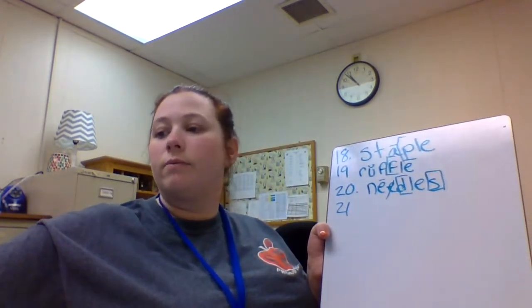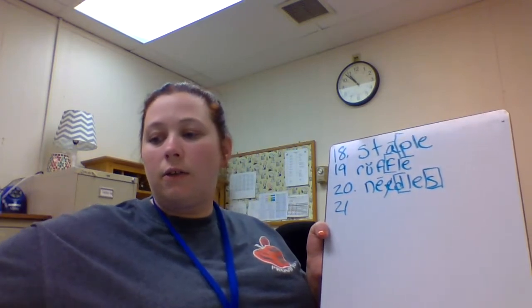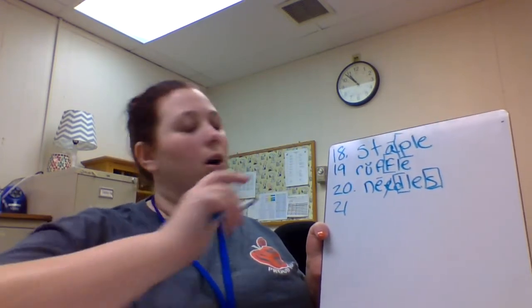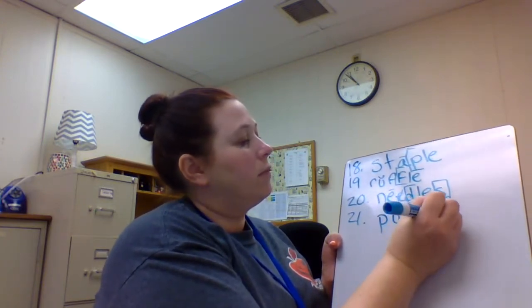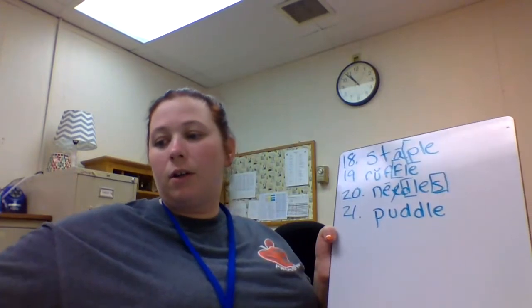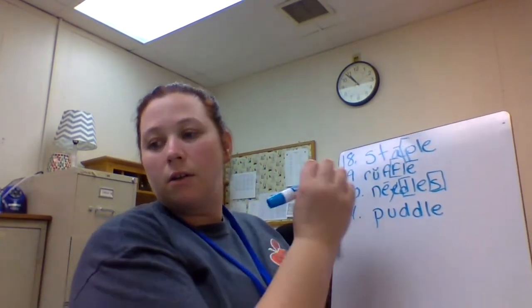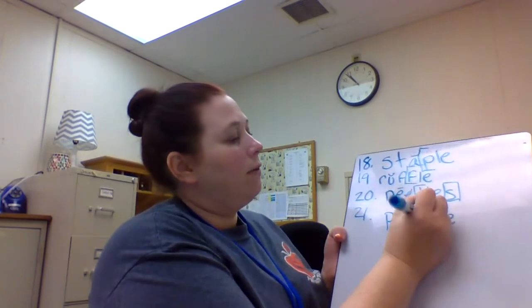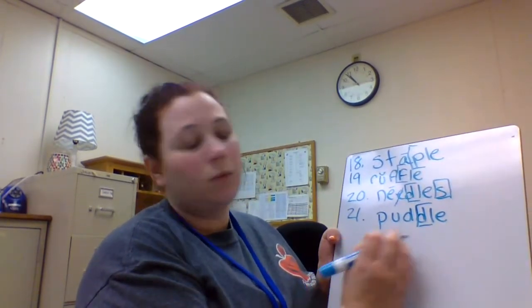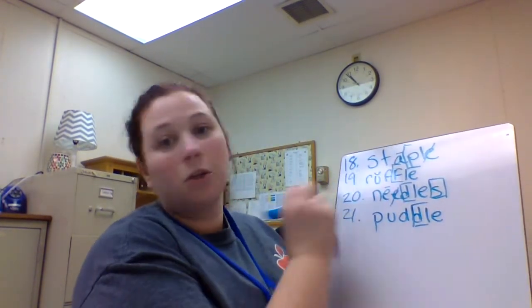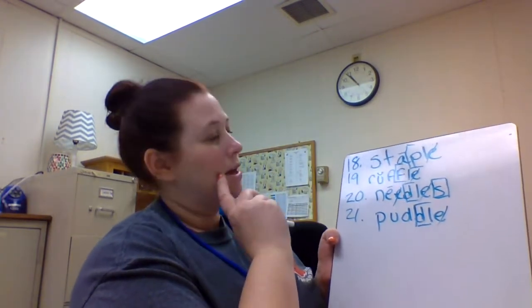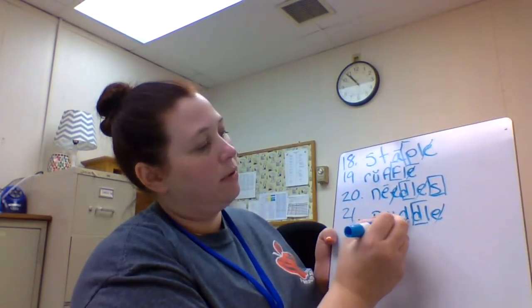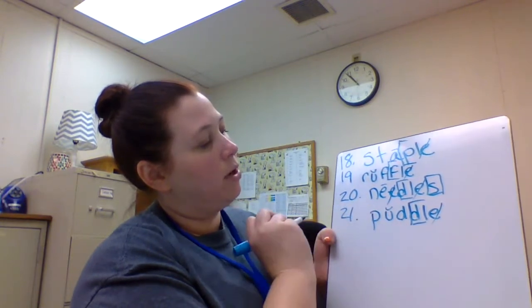Number 20, needles. Here's where we talked about coding, where when we have that final syllable sound, but we can still have a suffix. So we're going to box out that S, and then we're going to put a bracket there. Here we have two E's, so when there's two vowels walking, the first one says its name, and the second one we cross out. We have needles. 21 is going to be puddle. What do you think we're going to do there? Bracket off our DLE. Oh, and what we forgot to do up here, I'm sorry guys, but you probably already knew, is cross off our E's. Here we have vowel consonant, so it gets the breve.